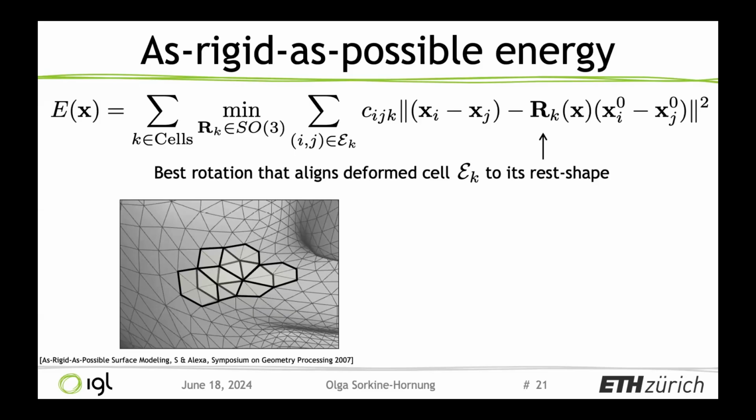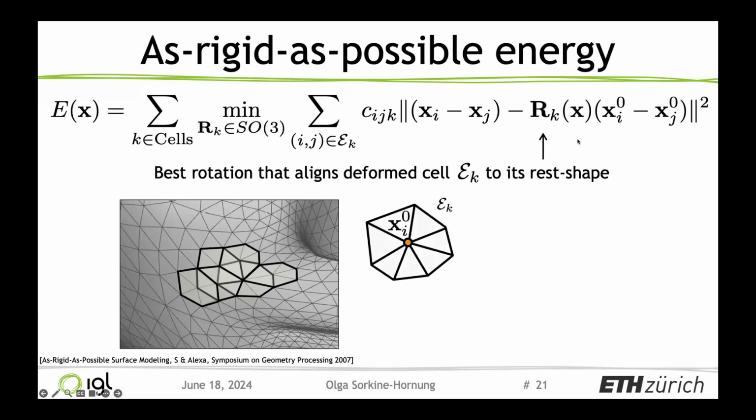So in 2007, Mark Alexa and I worked on another surface deformation formulation that's called ARAP, as rigid as possible energy, where we said, okay, we will leave this local rotation to be nonlinear.